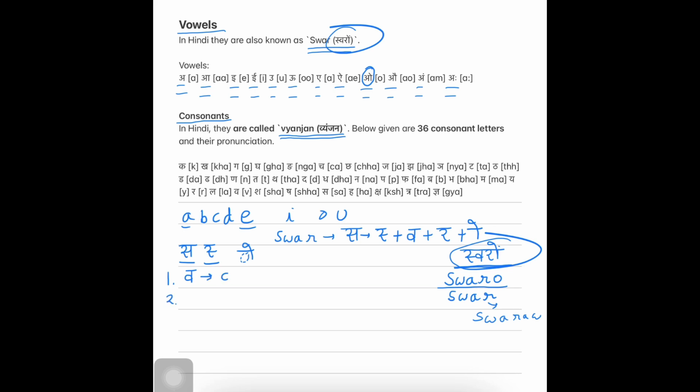Second step, the second consonant ya. Third step, this vowel, the symbol of this vowel, or the matra, this I have told you earlier.